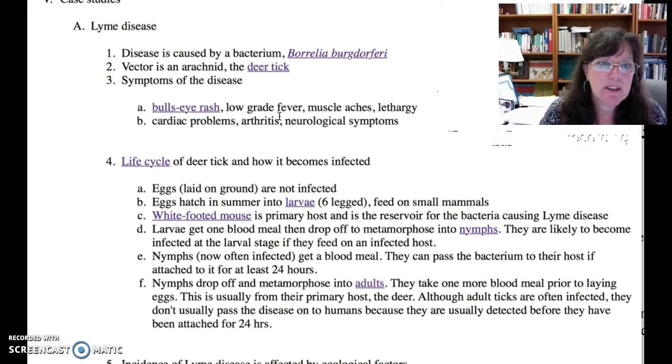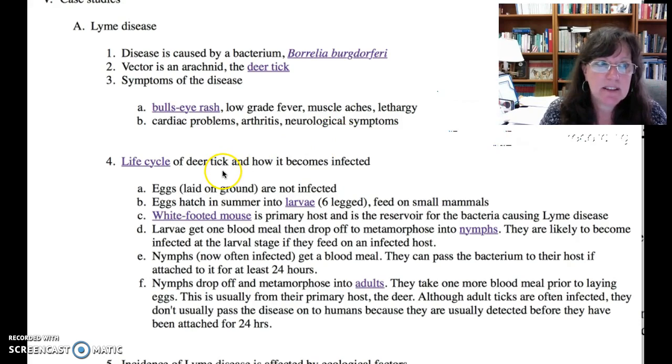And so very often when humans come down with this, it's not treated right away. If it were treated right away, you take a course of antibiotics and it's over with pretty quickly. But if you don't treat it right away, then the problems become much more severe and often permanent. These can include problems with the heart, arthritis, and neurological symptoms, so problems with your brain.